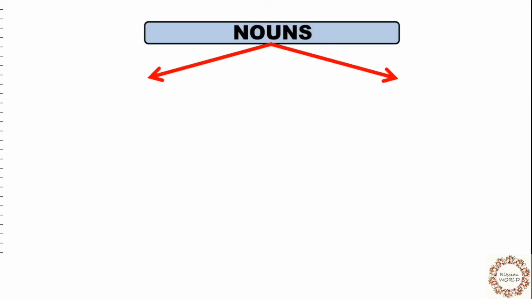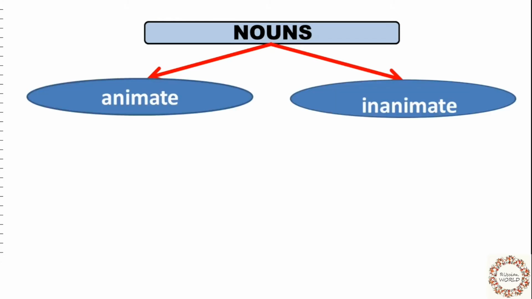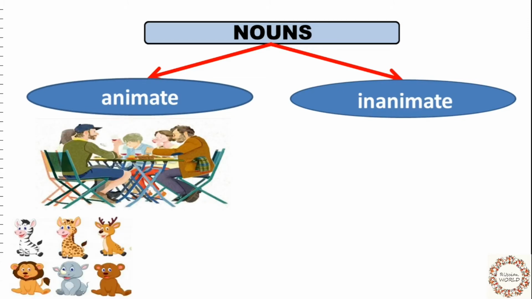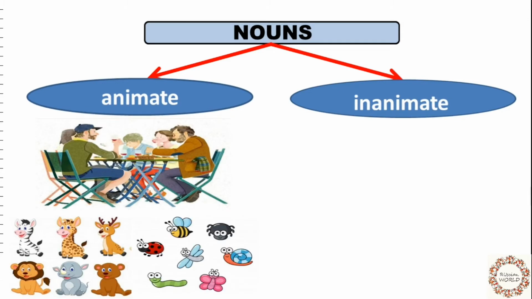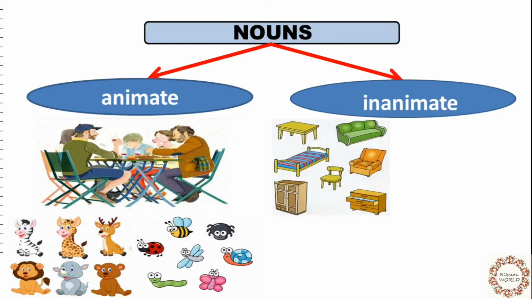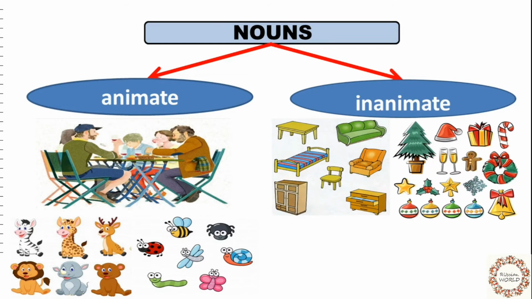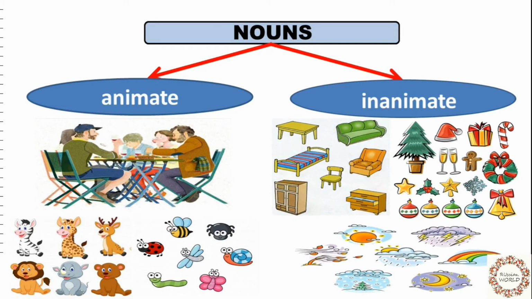All nouns in the Russian language can be divided into two groups: animate nouns and inanimate nouns. Animate nouns denote living beings, people, animals, insects. Inanimate nouns denote objects, events, natural phenomena.